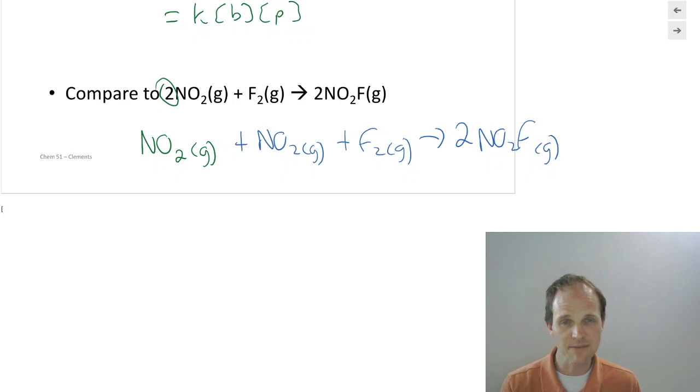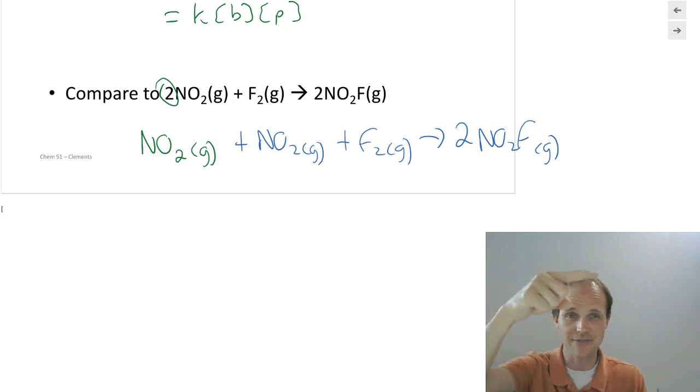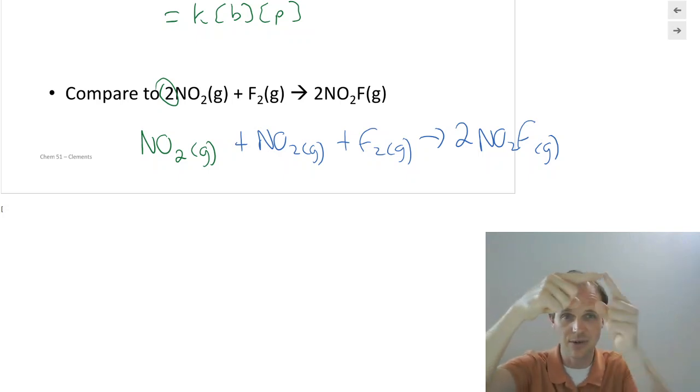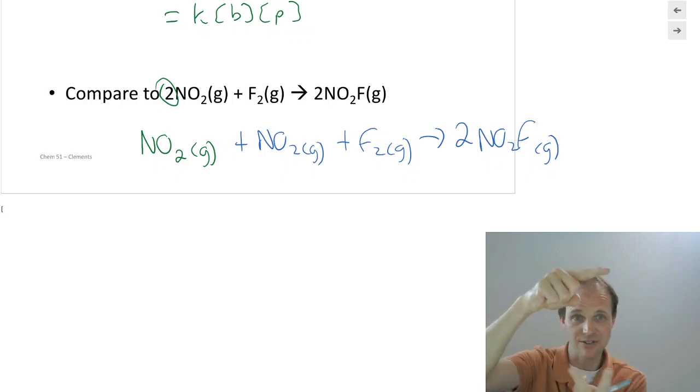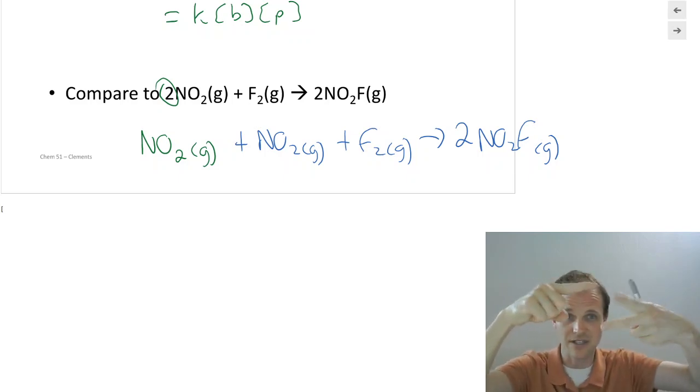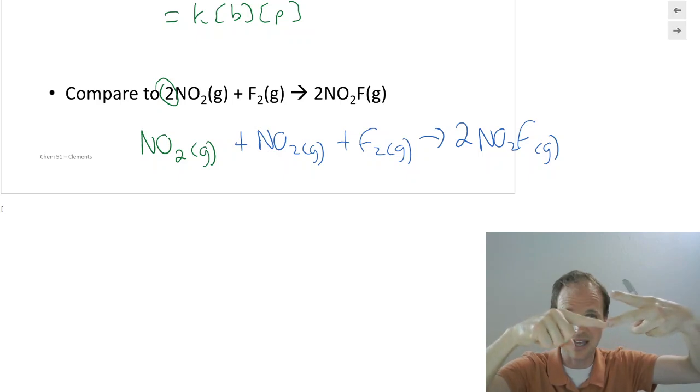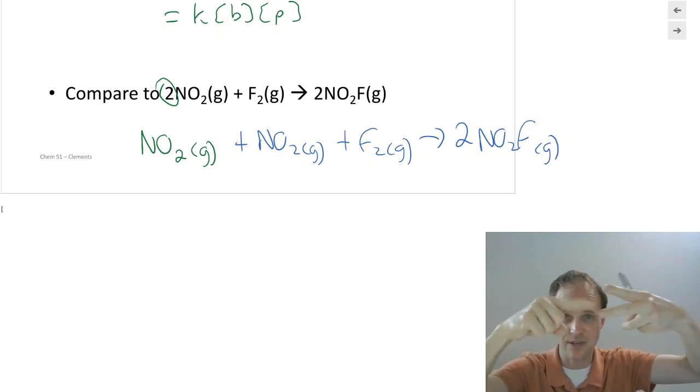Might not quite make sense to you because you're like, they're both NO2. But if we need two of them, we need to distinguish, because we can't just have F2 and NO2 coming together. We have to have F2, NO2, and another NO2 coming together, right? And that's how we're going to distinguish these two NO2s, a green one and a blue one.